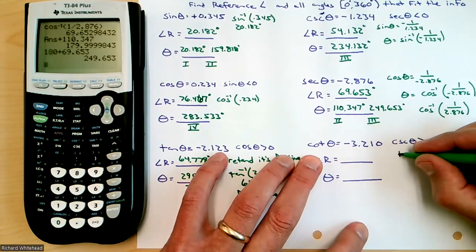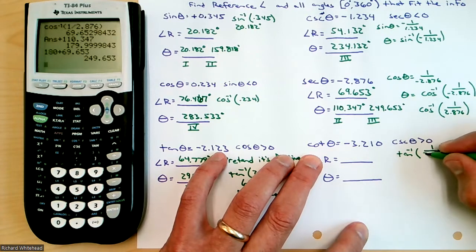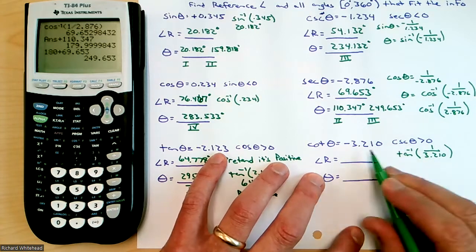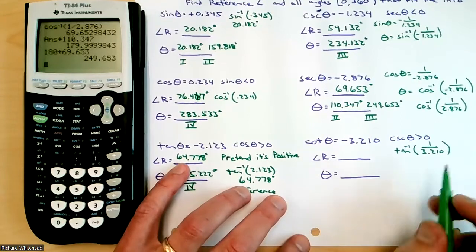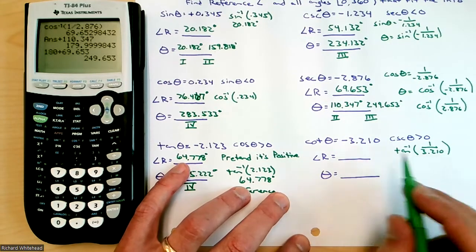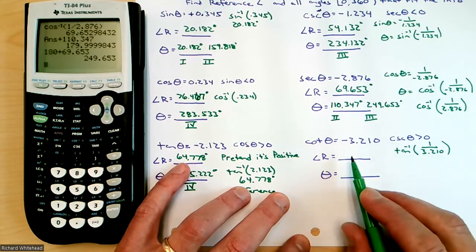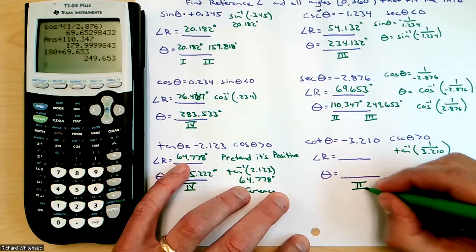My recommendation is you just pretend it's positive, especially when you get to the cotan, because you're actually going to have to do inverse tan, which is going to give you a negative, which would be the reference angle. There are all sorts of ways to think about this, but since I need to find the reference angle, I just make it positive. Let me see. Cotan's negative, cosecant's positive. That's second quadrant.